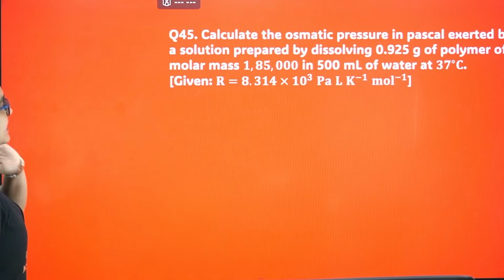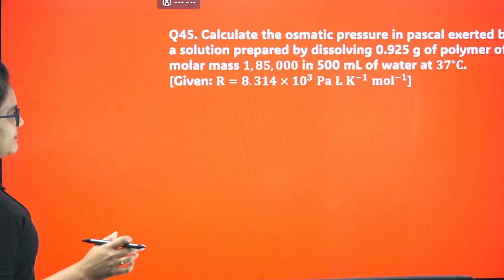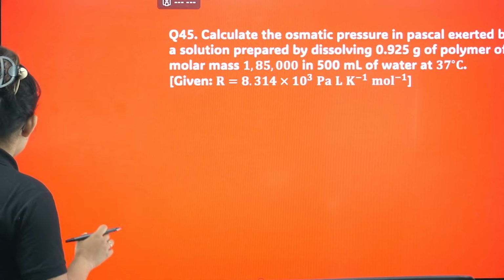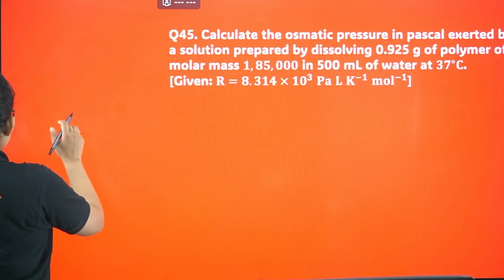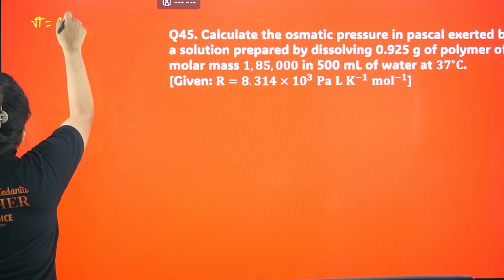Let's proceed further. Calculate the osmotic pressure in Pascal exerted by a solution prepared by dissolving 0.925 gram of polymer of molar mass 18500 in 500 ml of water at 37 degrees Celsius. Fine. Let's proceed. Here at first, pi equals CRT.